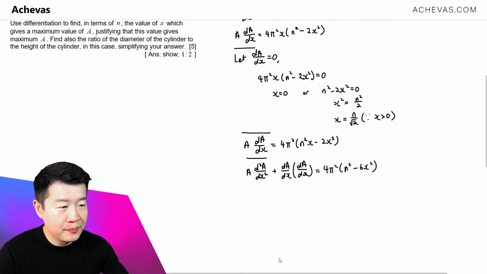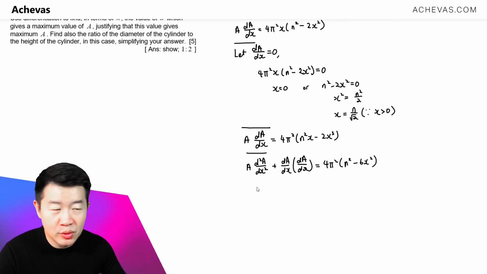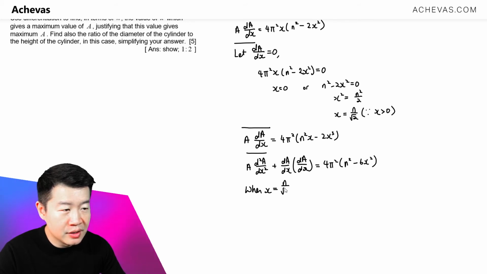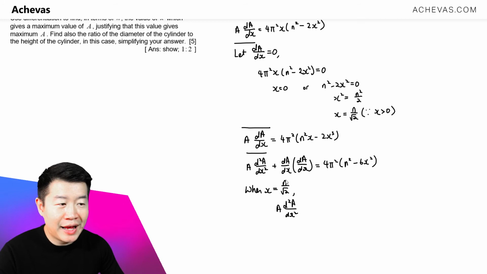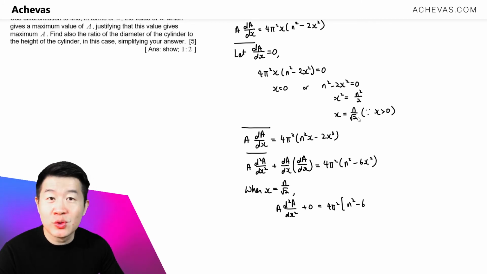So let's do that. I'm going to let x be equal to n over square root of 2. So when x is equal to n divided by square root of 2, substituting in, we have d²A/dx², and when x is equal to n over square root of 2, dA/dx is equal to 0. So this is basically just going to be 0. It will be 4π², then n² minus 6x². x² is n² over 2.